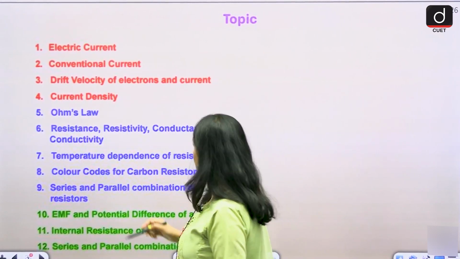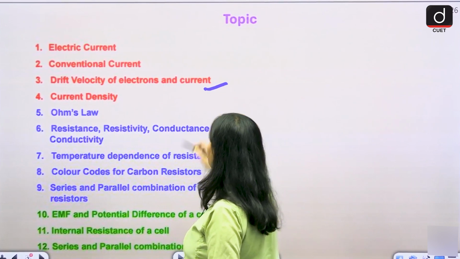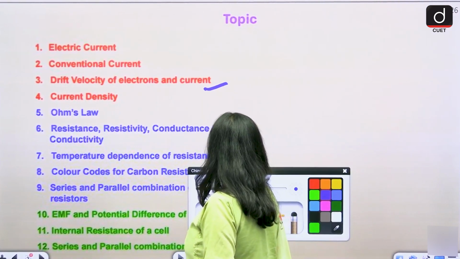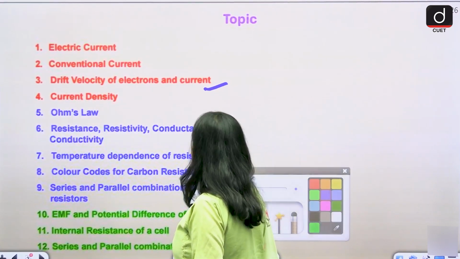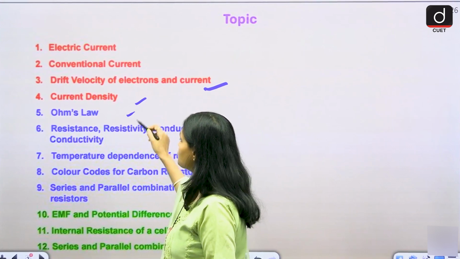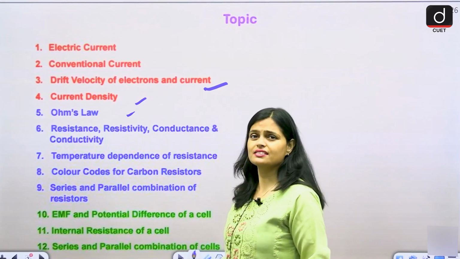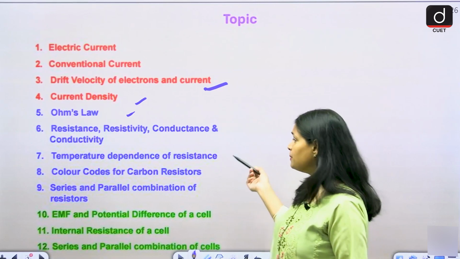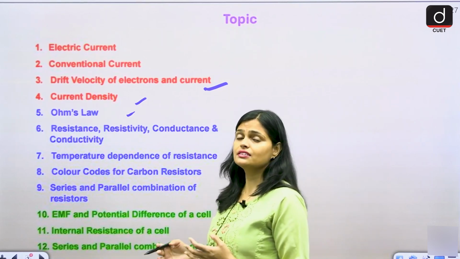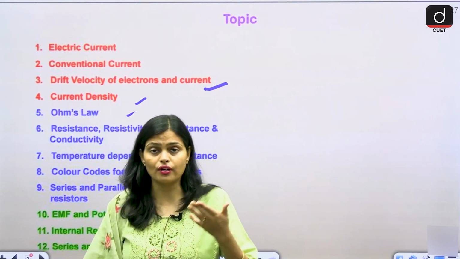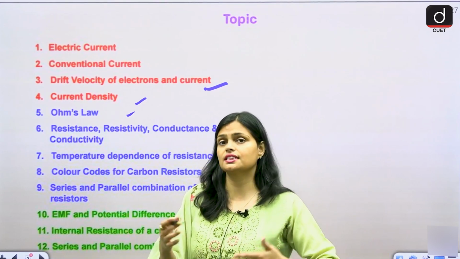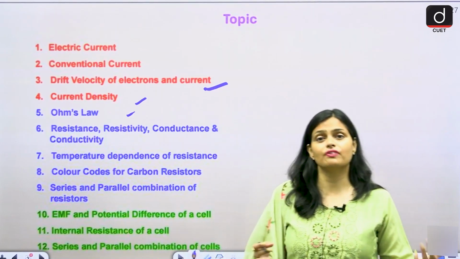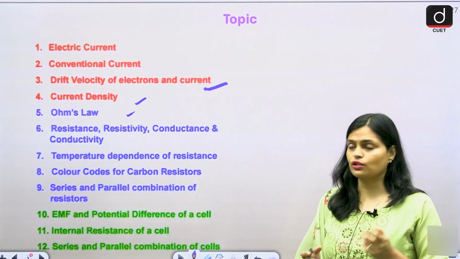Then we'll discuss the drift velocity of electron, what you mean by drift velocity. Then current density, Ohm's law, what you mean by resistance, resistivity, conductivity. Then how the resistance depends upon the temperature, what happens when temperature increases or decreases, how the resistance fluctuates. So we will discuss that also.